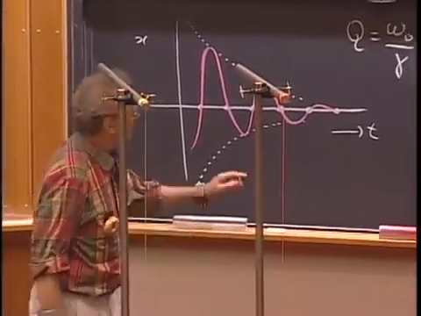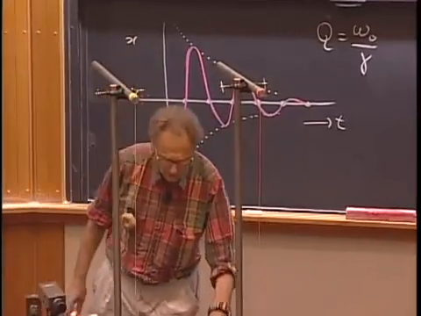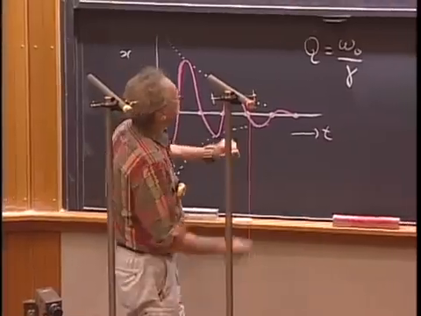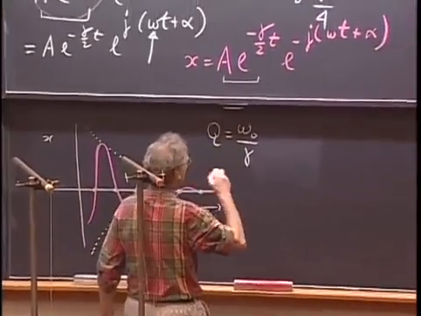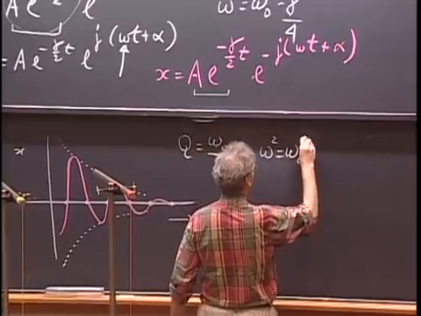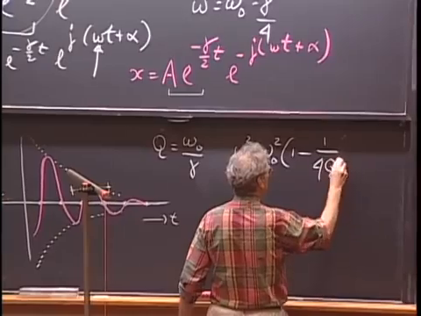You see immediately if gamma is high, then Q is low. It's a low quality oscillator. If you introduce that, you can go back to your omega squared equation, and then omega squared becomes omega 0 squared times 1 minus 1 divided by 4Q squared.